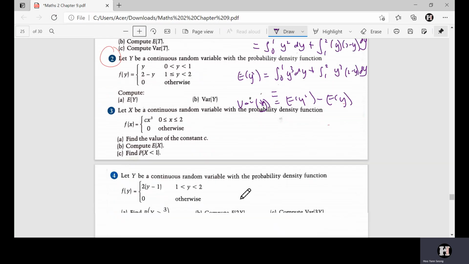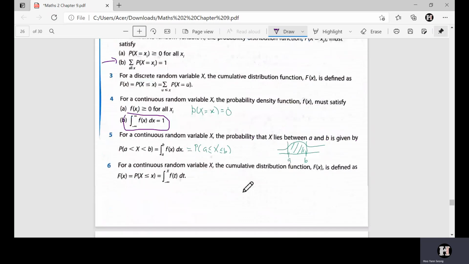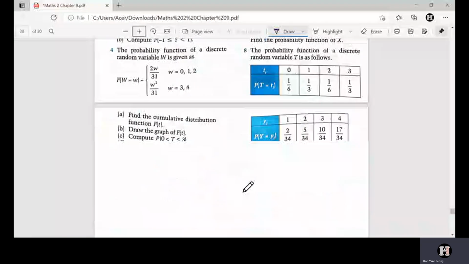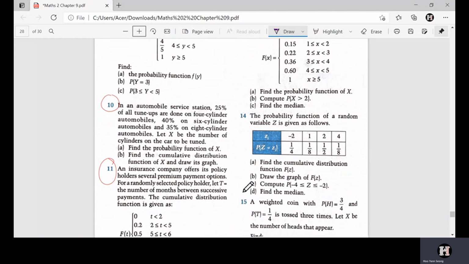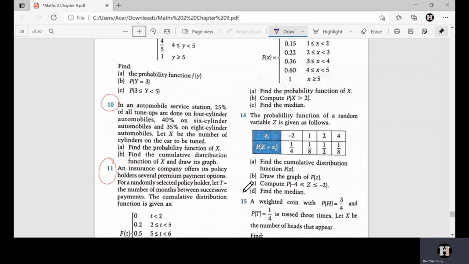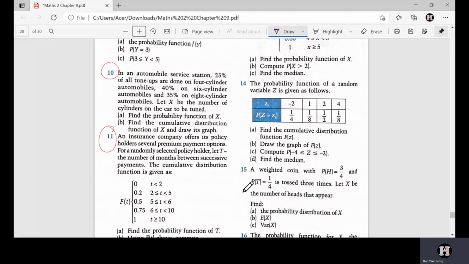After that, now we look at your exam questions. The first question is this one. In an automotive service station, 25% of tune-ups are done on 4-cylinder automobiles, 40% on 6-cylinder, and 35% on 8-cylinder.